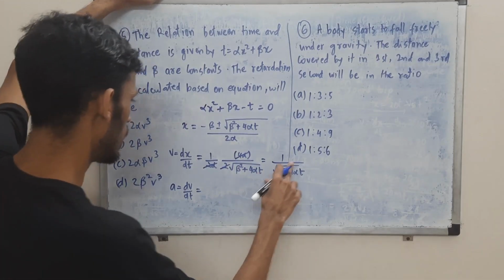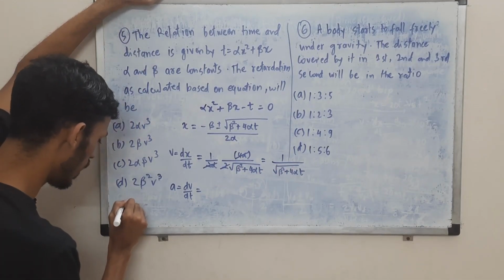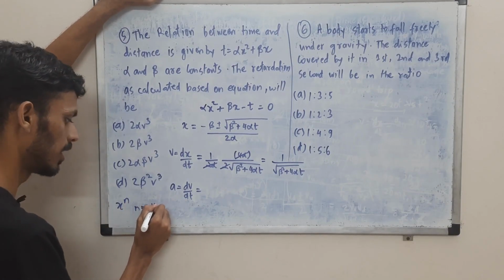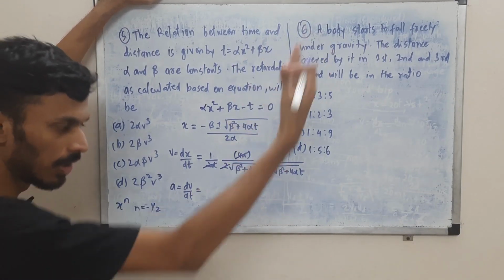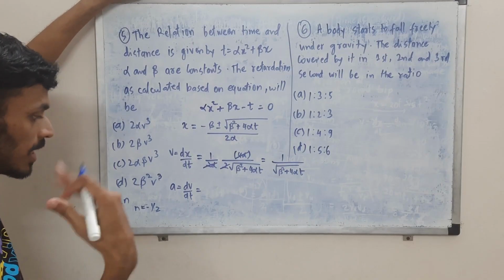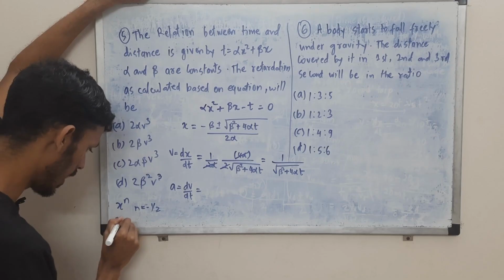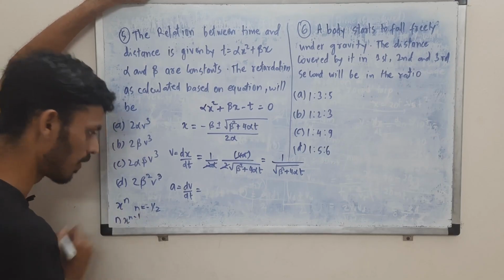Okay, so this is basically of the form x to the power n, right? n is minus half over here. You can see that this is a square root and that will go in the denominator, so it is minus half. Okay, so I'll use the differentiation n x raised to n minus 1, right?